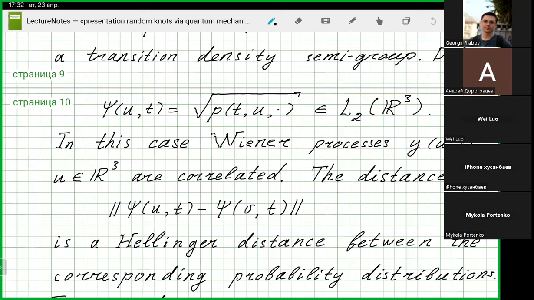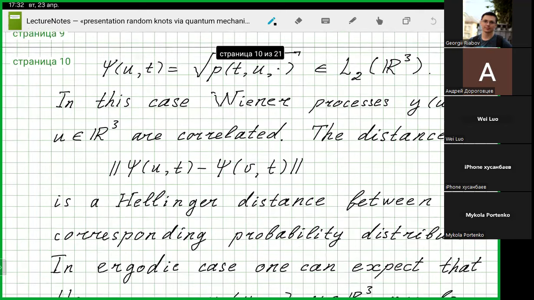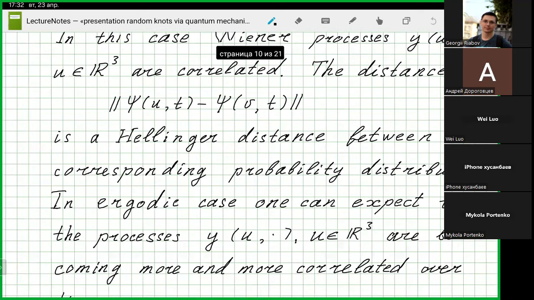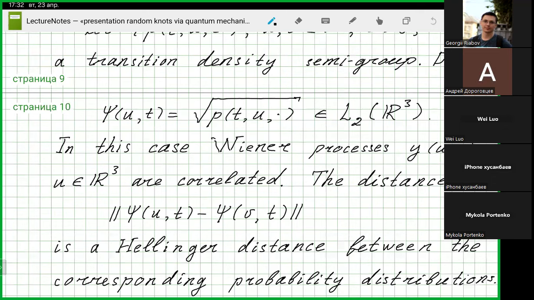And the distance between psi_u(t) and psi_v(t) is now well known in probability. It is the Hellinger distance between the corresponding probability distributions. This distance can be compared with the distance in total variation and the Wasserstein distance, and we have theorems which say that sometimes this diffusion process can be ergodic.